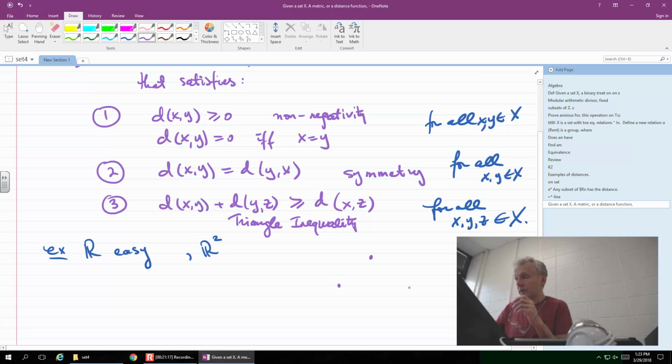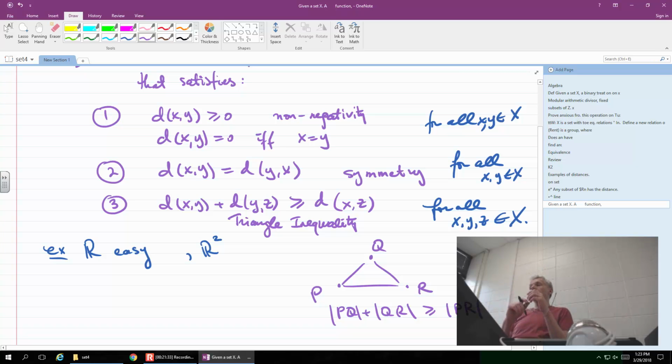It's certainly a very simple idea, P, Q, R. It probably roughly looked like this. That's the triangle inequality for planes. It's Euclidean geometry. It really has nothing to do with the distance formula, at least hypothetically.